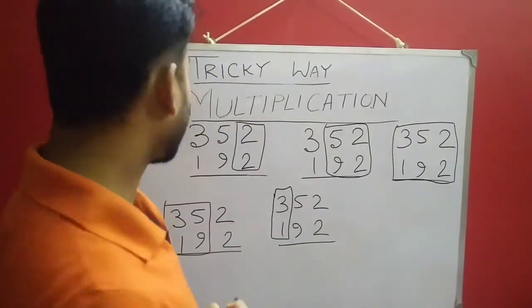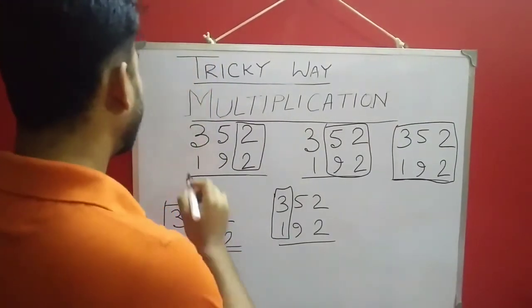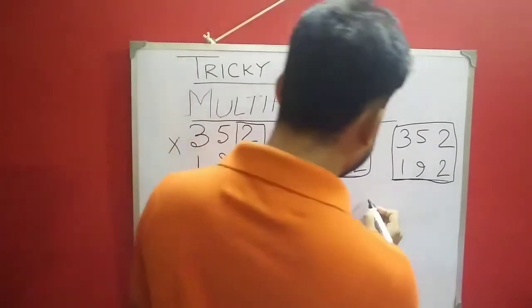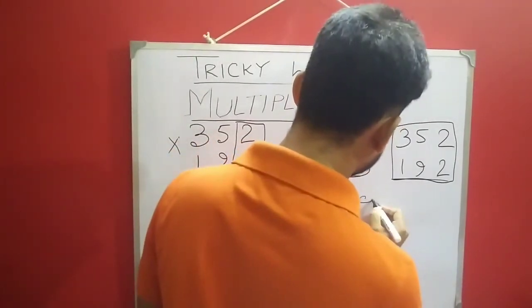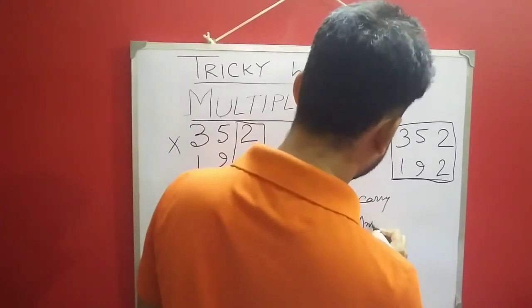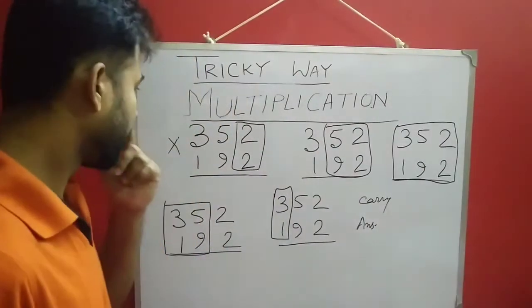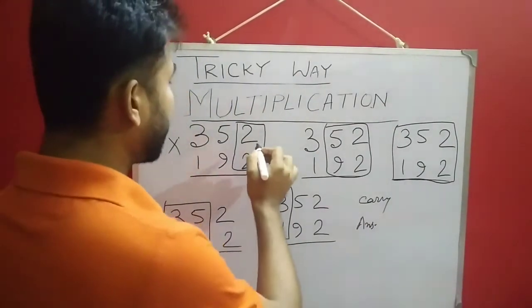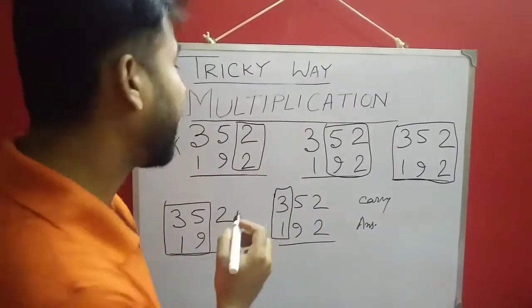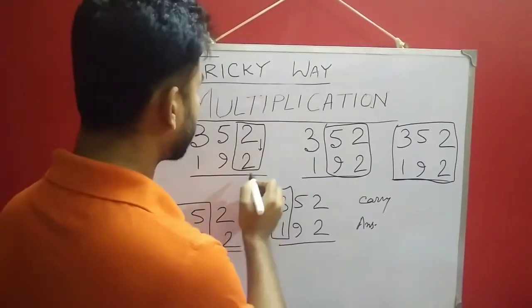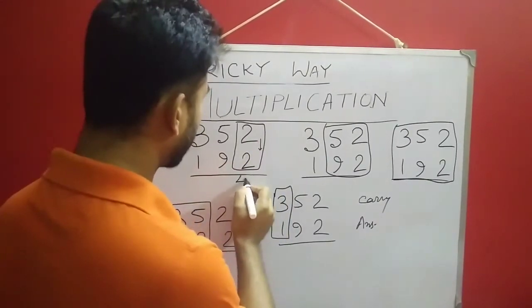What operation will be performed here? Multiplication. I write here carry and answer. First we have to multiply the last digits, 2 times 2 equal to 4.